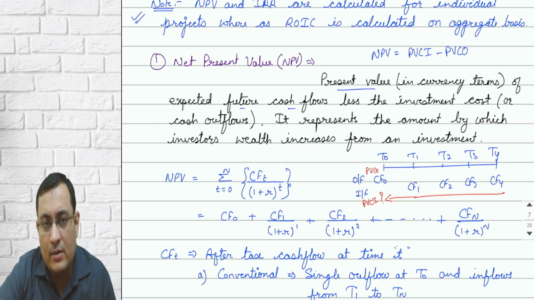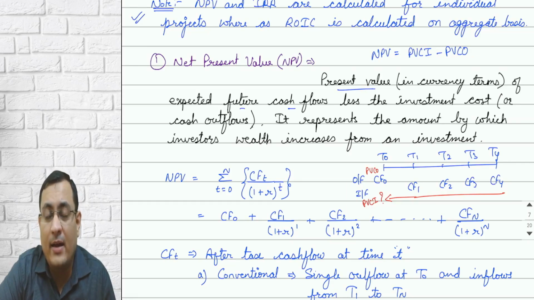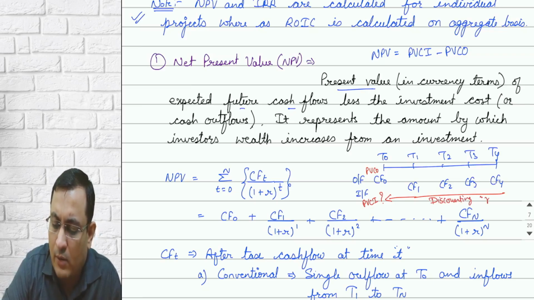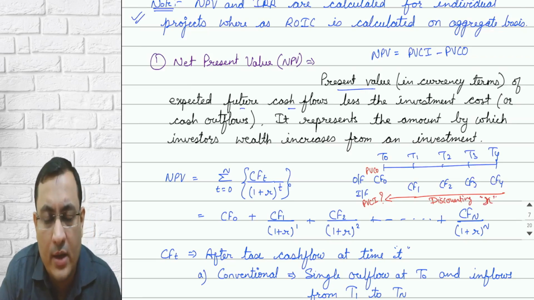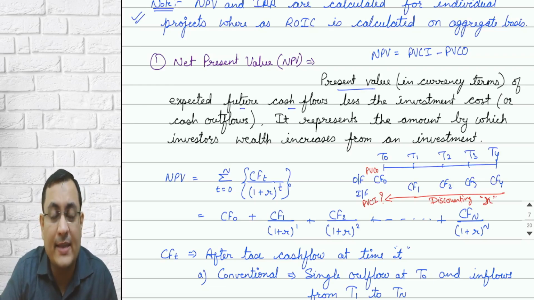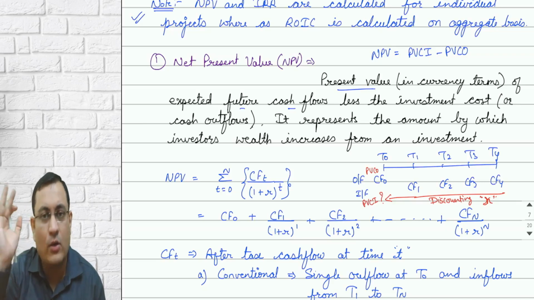If your PVCI is greater than PVCO, it is generating additional excess return over what is required, because when you are discounting, the discounting rate will be the return you require, or the risk-adjusted rate of return that investors or the organization are asking for in investing in this project. Once you discount with your expected rate of return, your required returns are already extracted.